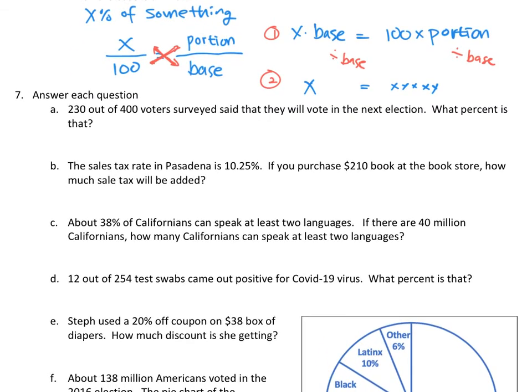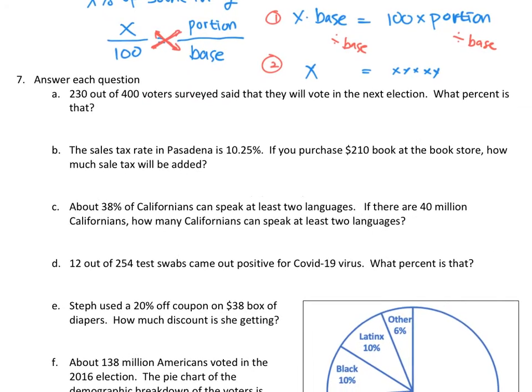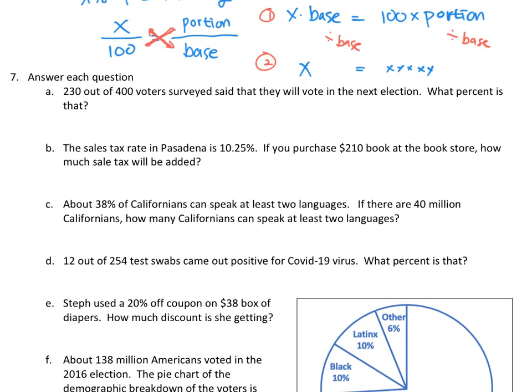So let's look at number 7, part A. 230 out of 400 voters surveyed said they will vote in the next election. I notice that it's something out of something, so whatever is "out of" is going to be the base. So this is going to be working as my base. I'm going to try to do it the proportion equation way. So they say 230 out of 400 voters.